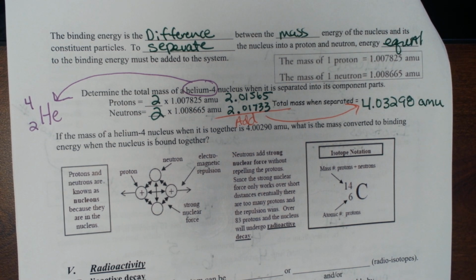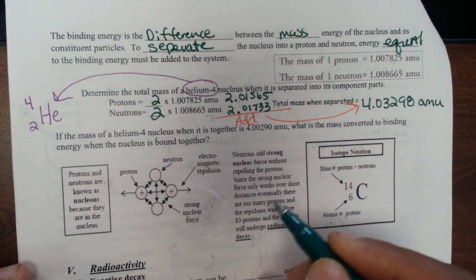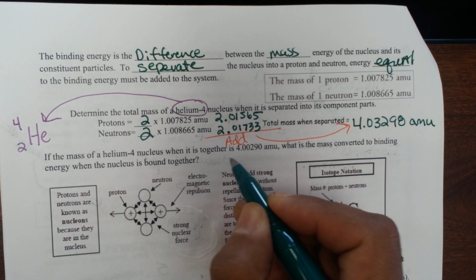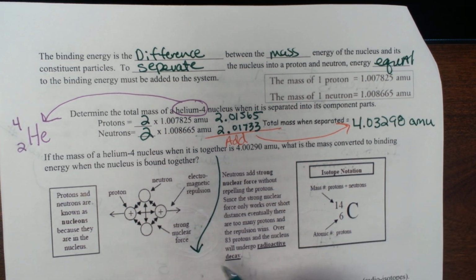If the mass of helium-4, though, this nucleus, when it was added together, is 4.00290 AMU, what is the mass converted into what we call binding energy when the nucleus was bound together? Well, in that situation, I'm going to come over here because I write too big.